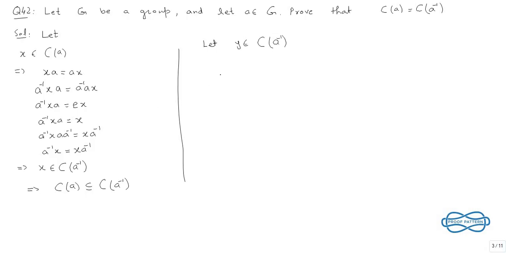Similarly, let y belong to the centralizer of a inverse. It means y must commute with a inverse. This means y a inverse is equal to a inverse y, because y belongs to the centralizer of a inverse.